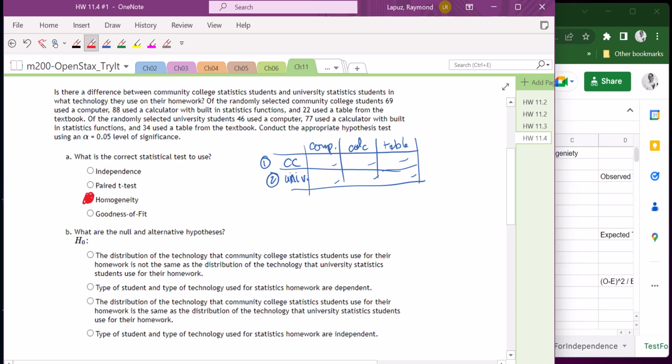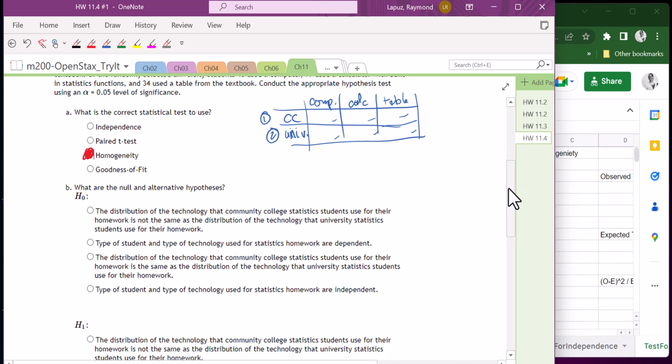And now next they ask, what is the null and alternative hypothesis? With something like this, we're talking about the distribution being the same for the null hypothesis. So in the null hypothesis, the distribution, here it says not the same, so this is not it. We're not looking at dependence or independence, so it's neither of those. And here we're looking at the technology is going to be the same for both populations.